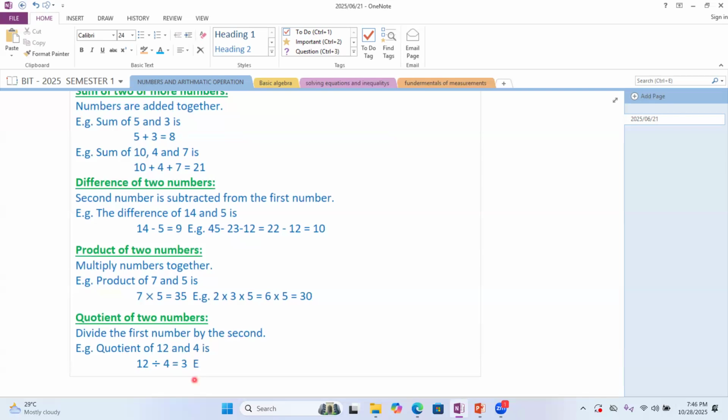For example, 100 divided by 4, again divided by 5.